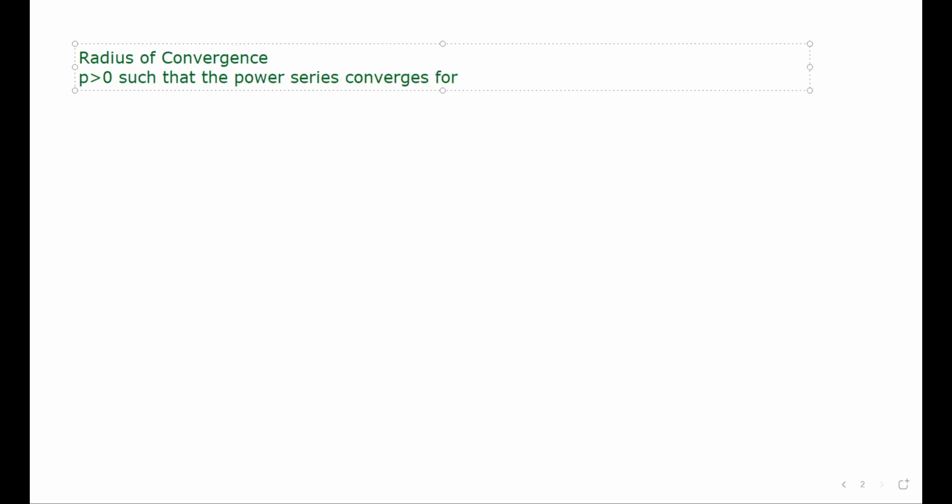Next thing we want to look at is our idea of the radius of convergence. So it's some p that's greater than 0, such that the power series converges for the absolute value of x minus x naught being less than p.